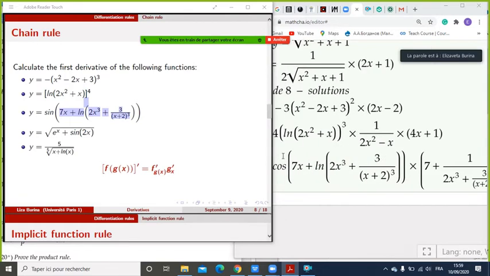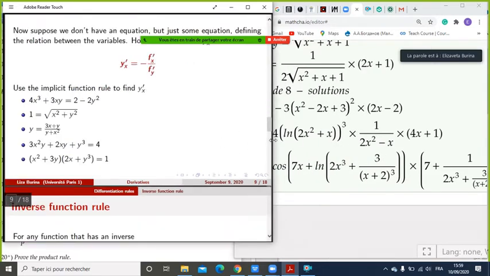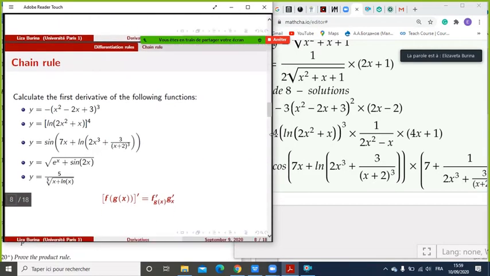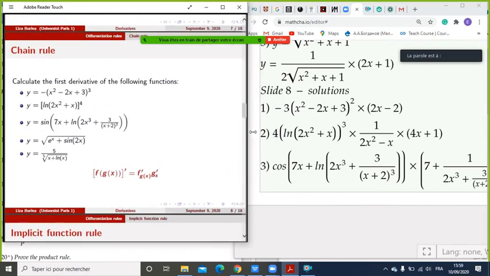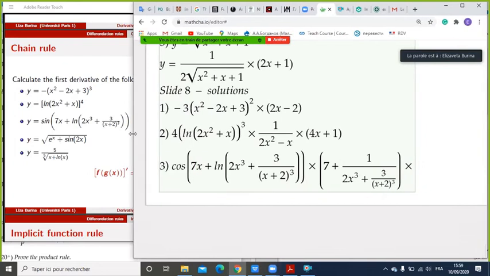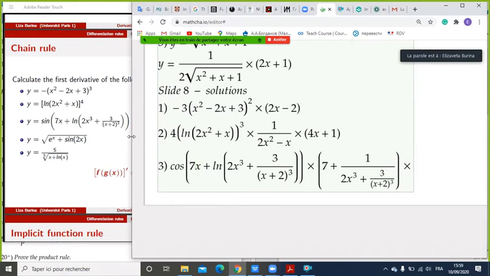Okay, so, I think what I have is the derivative of inside the log.